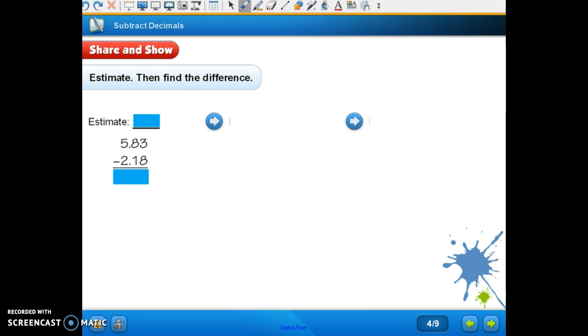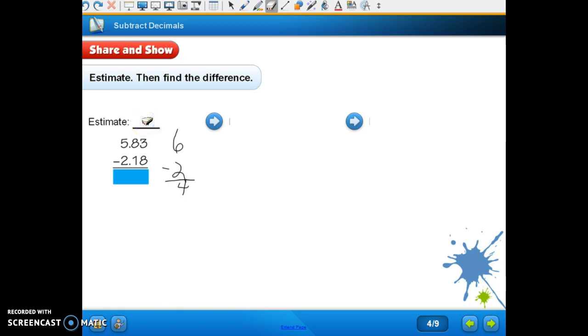If I were going to round these to the nearest whole number, 5 and 83 hundredths would be what? 6. 8 would make our 5 go to 6. And what would 1 make our 2 do? Stay the same. So we'd have 6 minus 2, which is 4. So let's see what they hid under here.